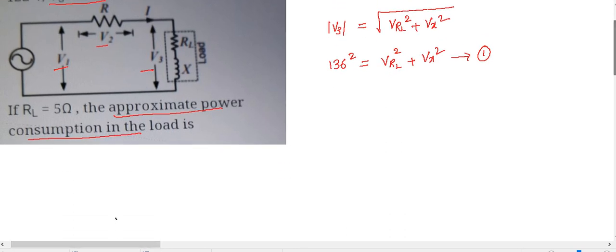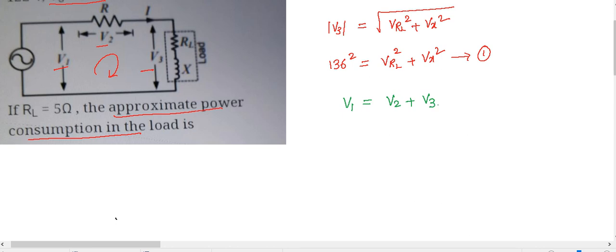Now, considering KVL inside this loop, V1 equals V2 plus V3.